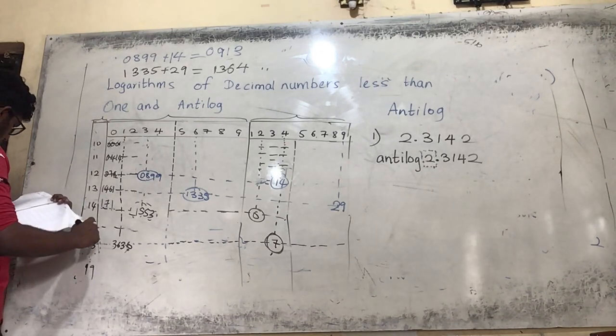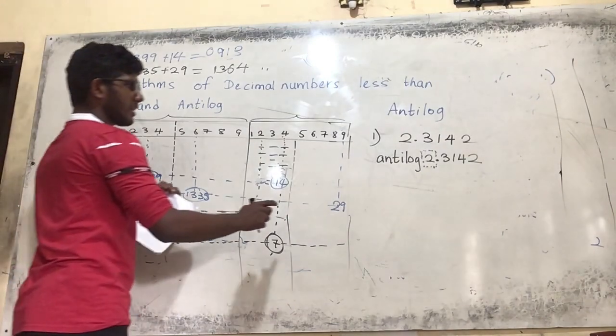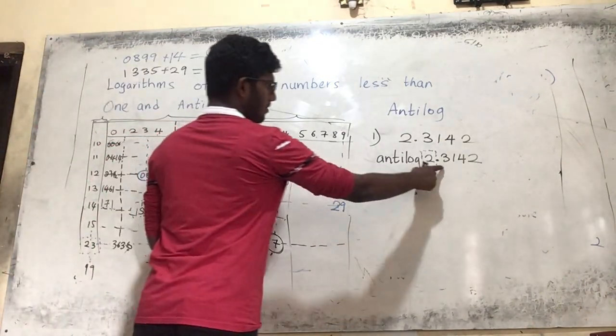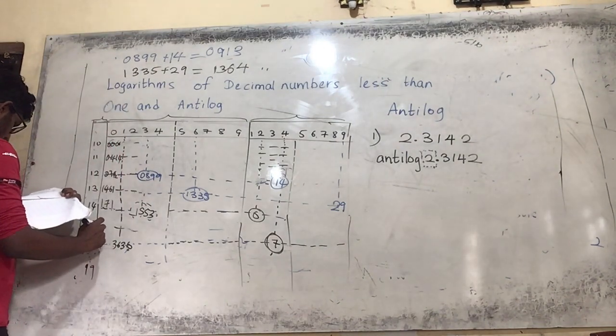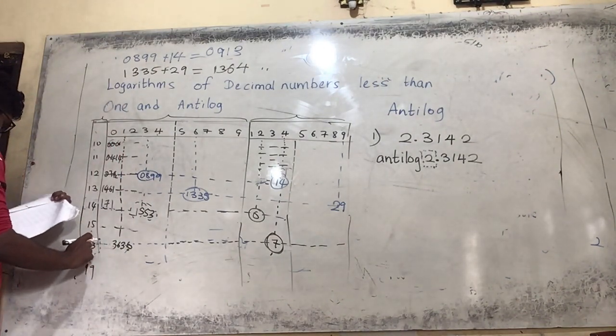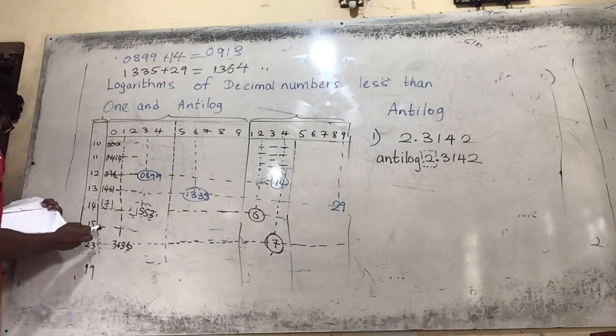You can go until you find a value which is more than 3, 1, 4, 2. Right?